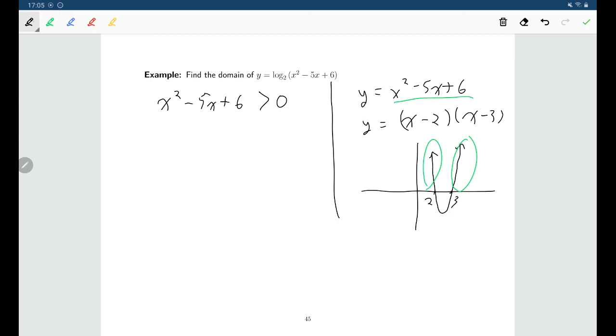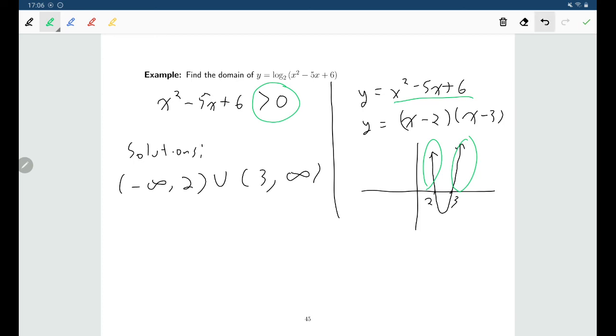So if we're thinking about the domain, it should be everything up to 2 together with everything after 3. I'm not including the 2 or the 3 because those would be values of x that make the inside of my log equal to 0. And remember, for a logarithm to be defined, the inside needs to be strictly greater than 0, not equal to.